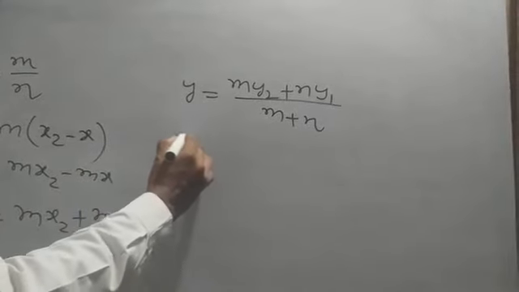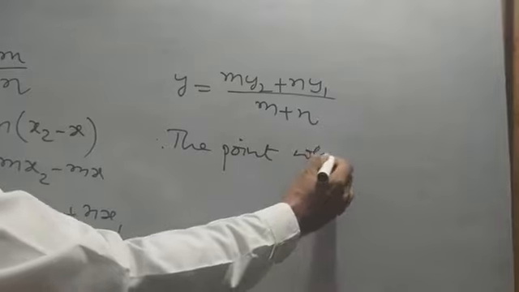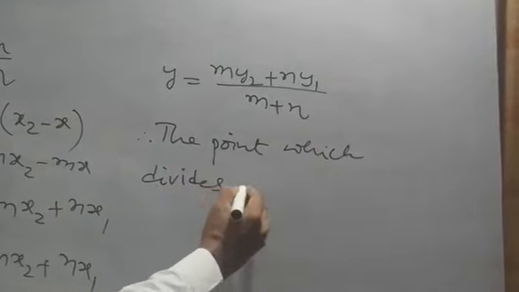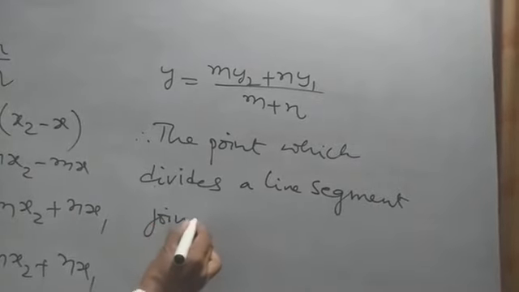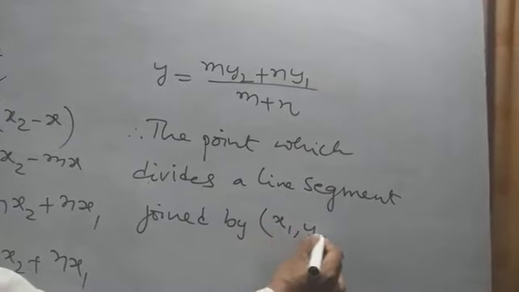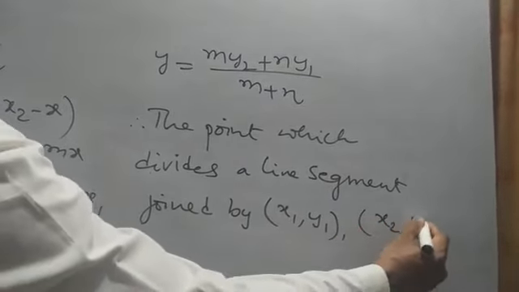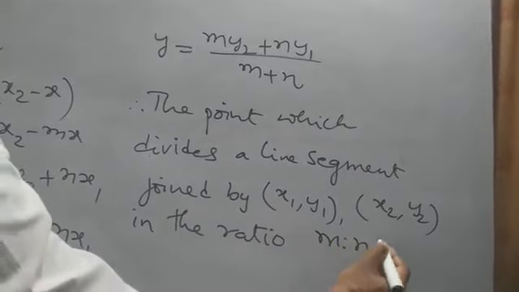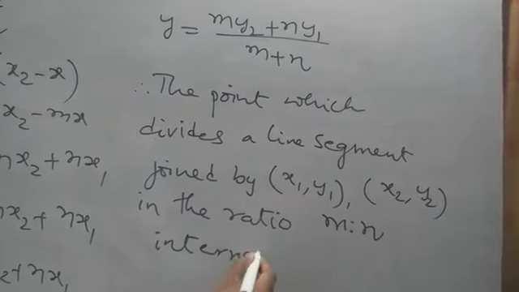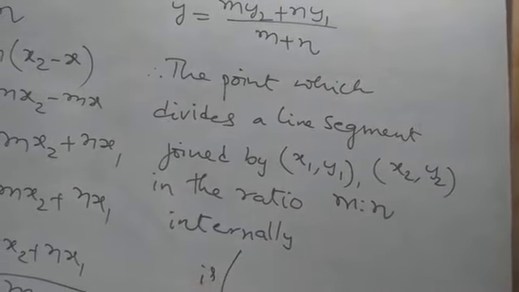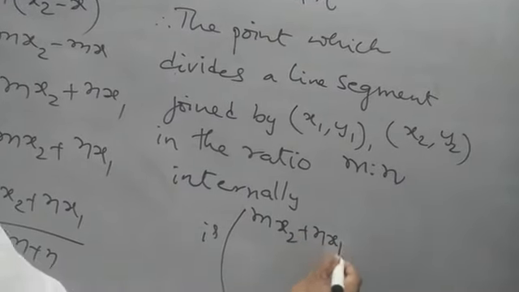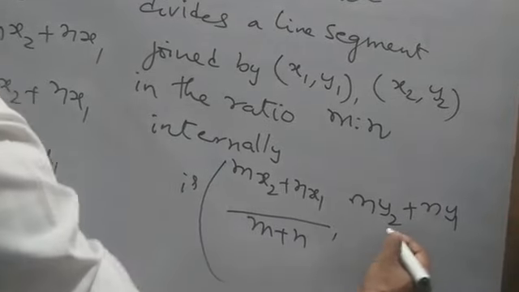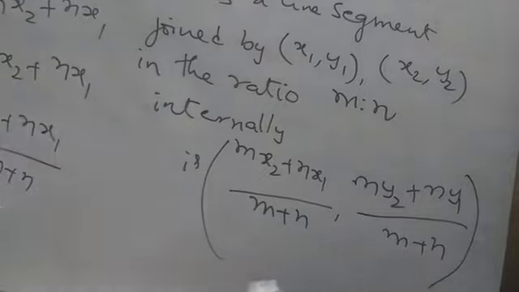Therefore, the point which divides a line segment joined by points (x1, y1) and (x2, y2) in the ratio m is to n internally is ((mx2 plus nx1) by (m plus n), (my2 plus ny1) by (m plus n)).